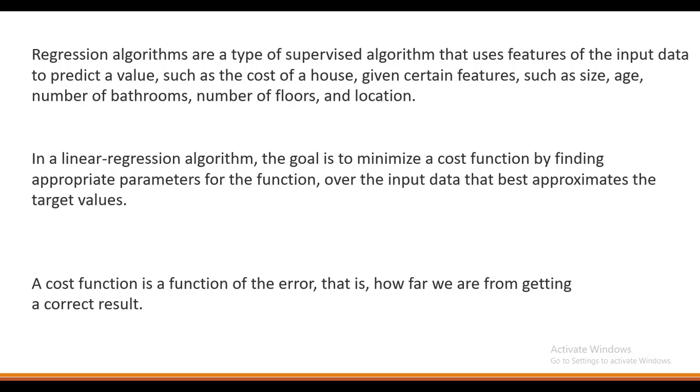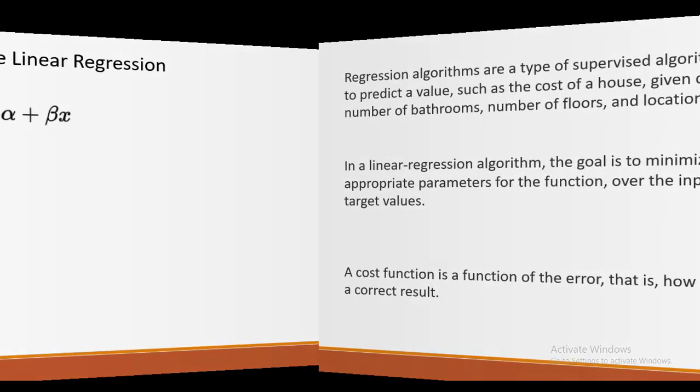In linear regression algorithm, the goal is to minimize a cost function by finding the appropriate parameters of the function over the input data that best approximates the target values. A cost function is a function of the error, that is, how far we are from getting a correct result.